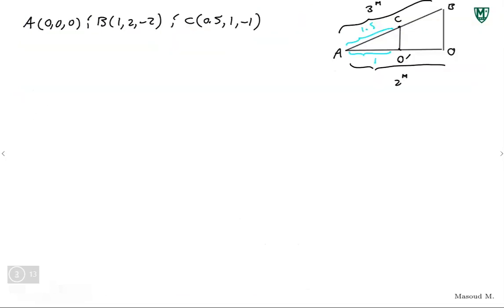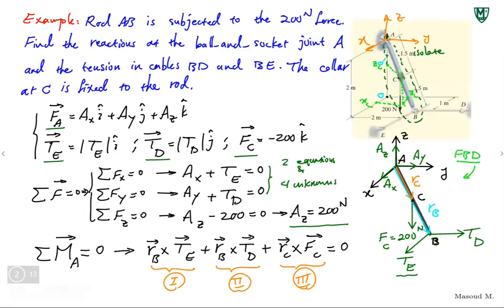So two similar triangles, you look at the geometry, you'll get that this is exactly the middle point C. So it's going to be 1.5 and that's going to be 1. And then you can get these values. So it's going to give you 0.5 in the X direction.